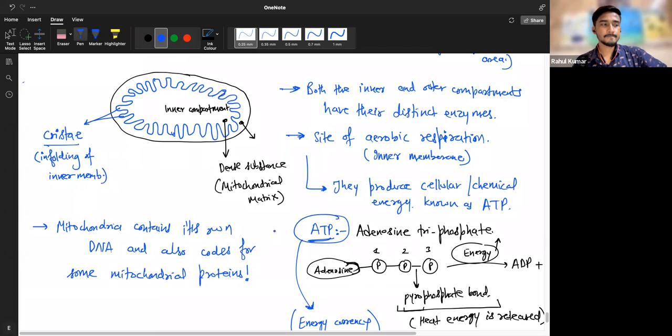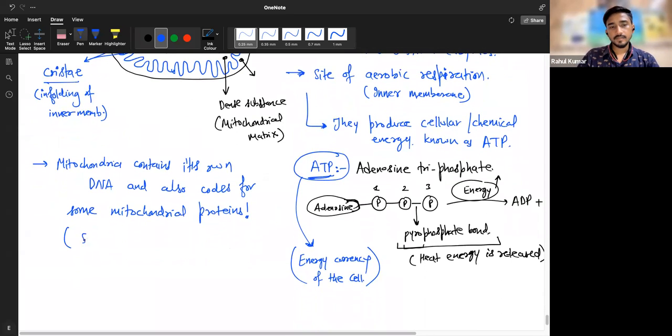Okay. Now this DNA is a single circular DNA. It is not like a thread in our nucleus. It is single and it is circular, in a loop.